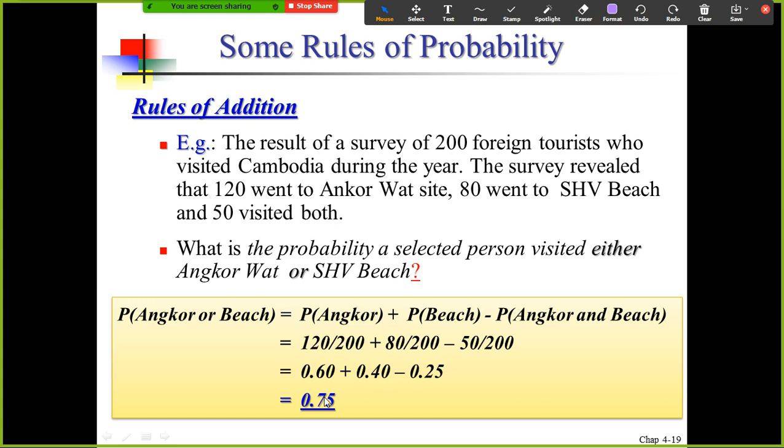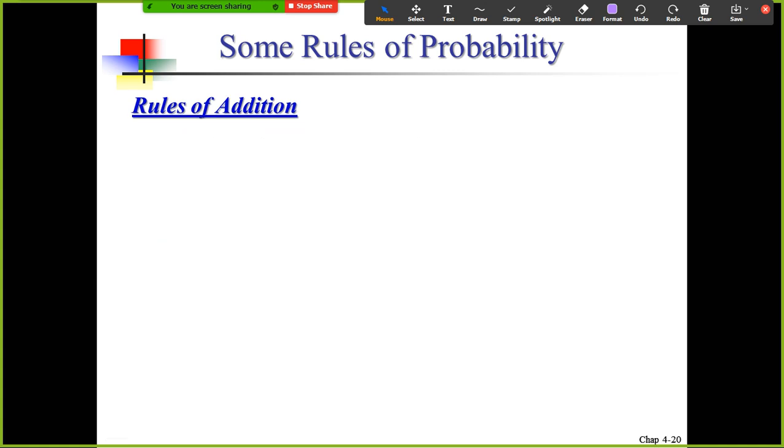What does it mean? Among 200 foreign tourists, if we select one randomly, we don't know in advance. If this tourist said he or she went to Angkor Wat or Sihanoukville Beach, there is a 75% chance. So 75% is the chance that we select one foreign tourist among 200 who went to only one place, not both.